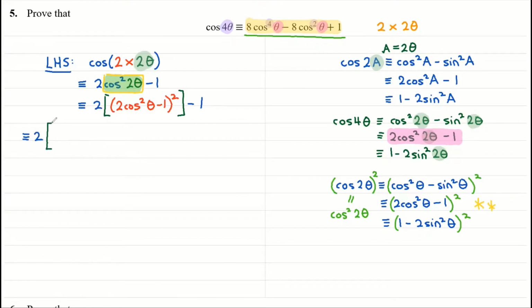I'm just going to expand carefully the two brackets inside the big square brackets. So we're going to have 2 cos squared theta, subtract 1, multiplied by itself. Not cutting any corners with this. And then we're going to subtract 1 on the end.